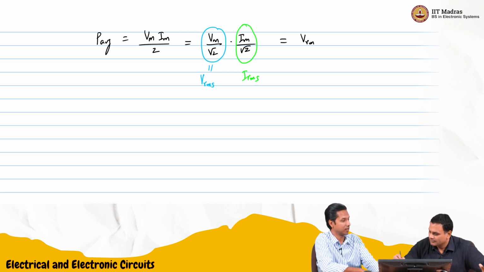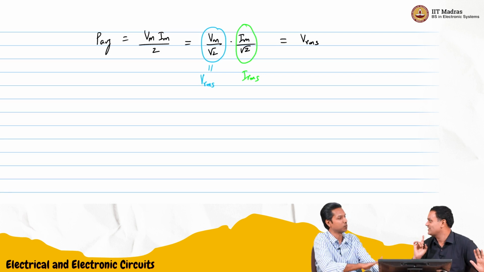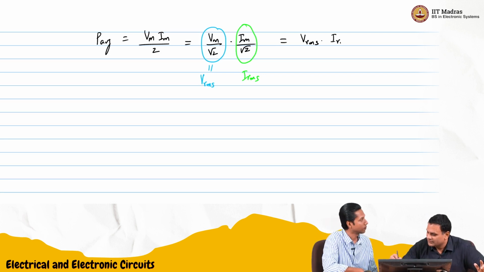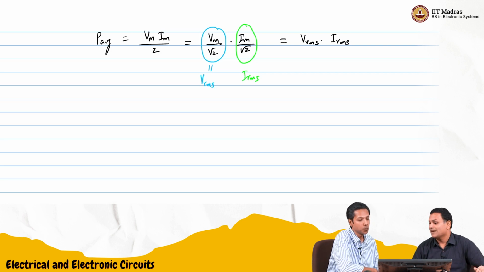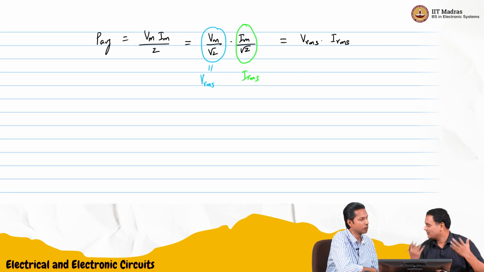In the case of resistive loads, it is just VRMS times IRMS. In fact, this is practically a definition: you take the product of the root mean squared values and you get the power directly.